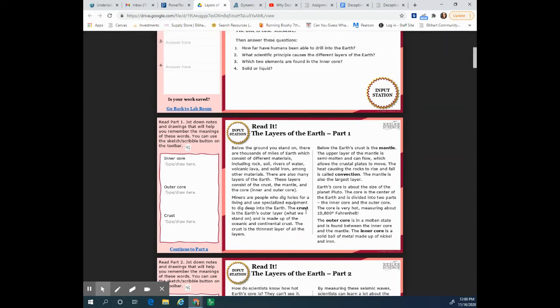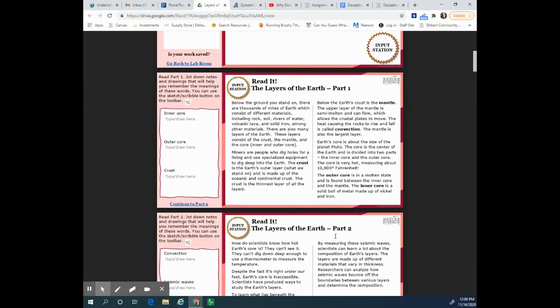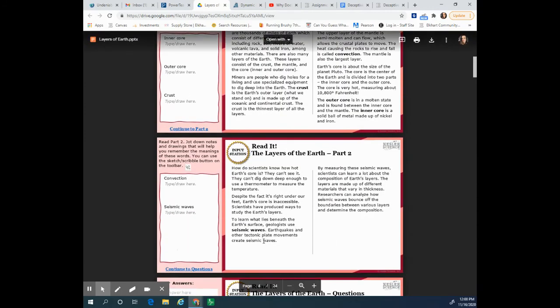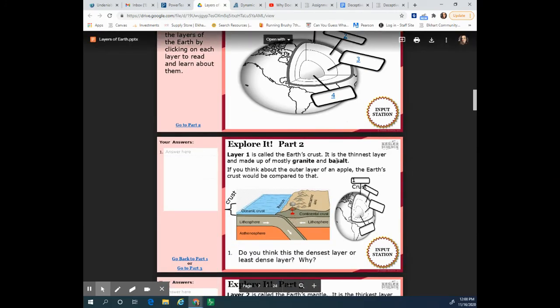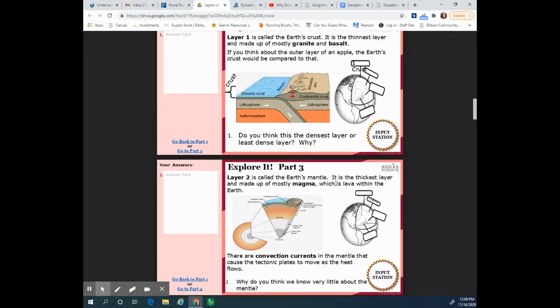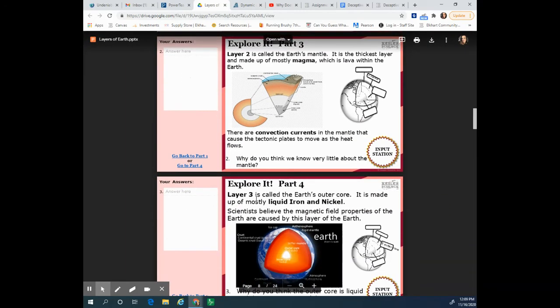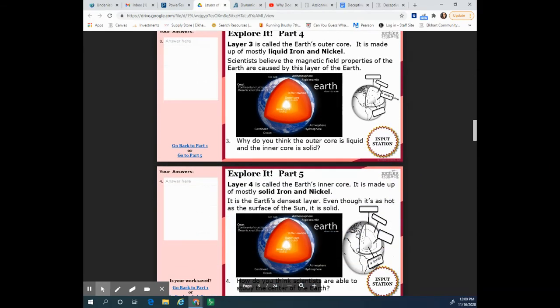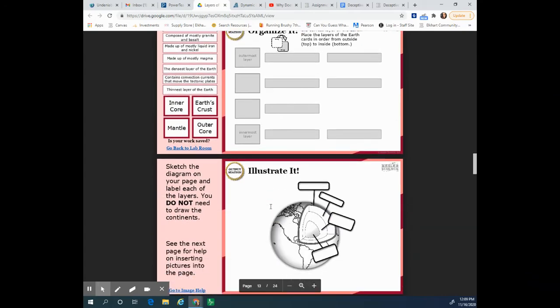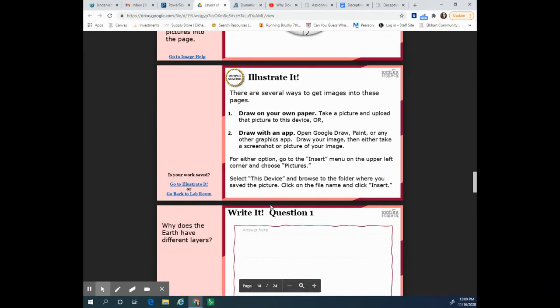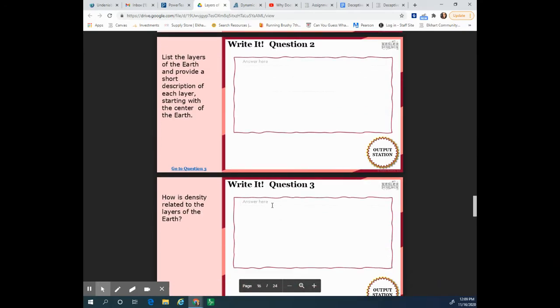So our vocabulary is crust, mantle, convection, outer core, inner core, seismic waves, granite and basalt, magma, convection currents. That is all of our vocabulary words that we have.